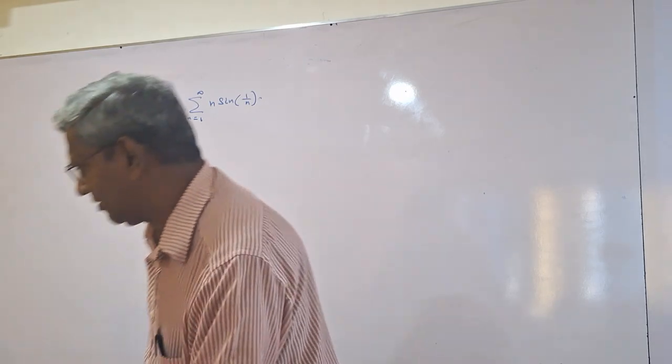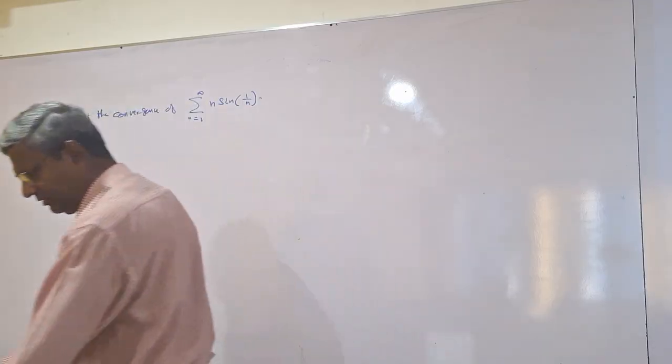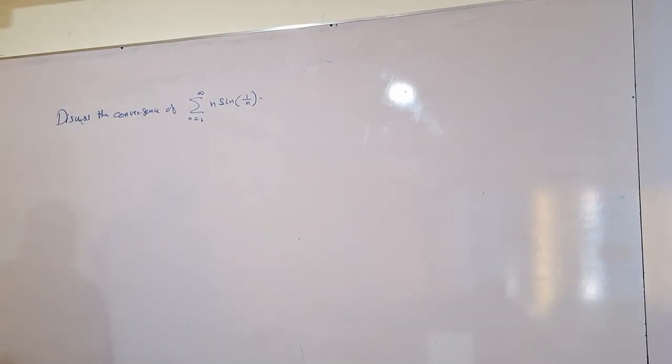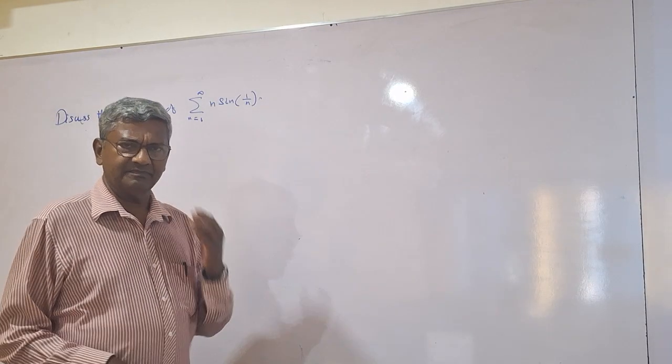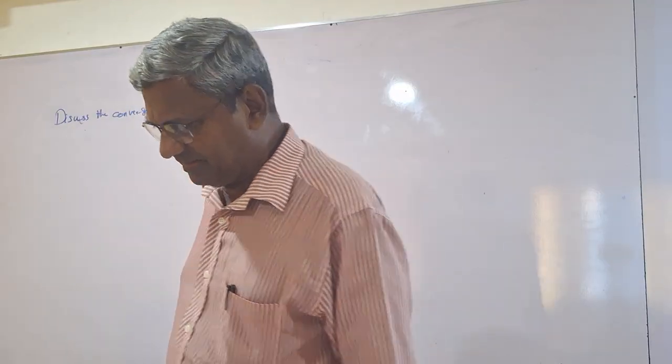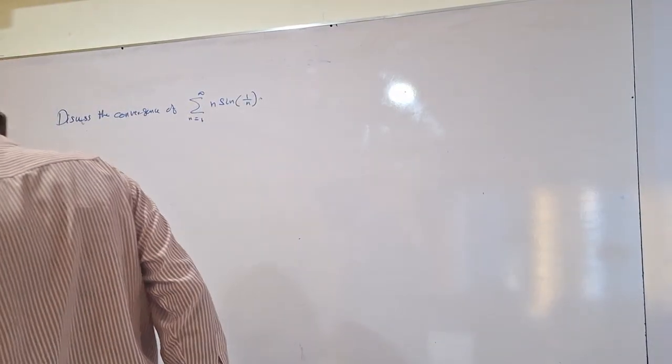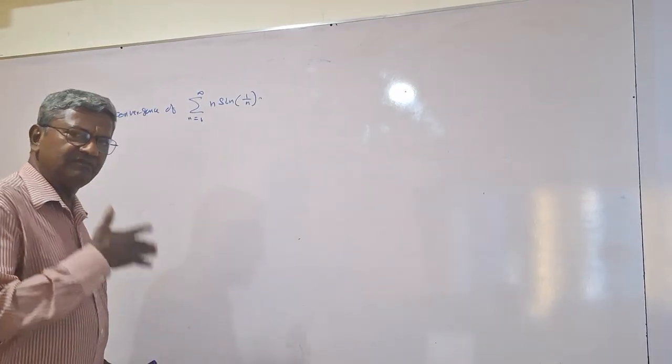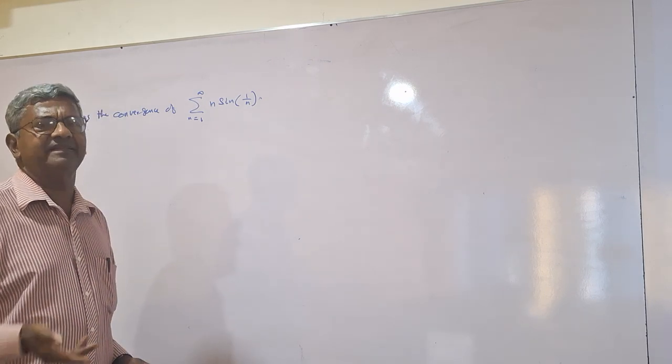Anyway, let's discuss because time is running out. We have to finish the real series section today. What is the very first test we learned? The zero test. So let us try the zero test. Then what is the next test?